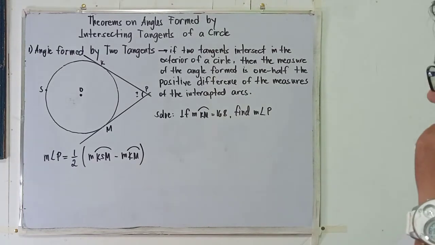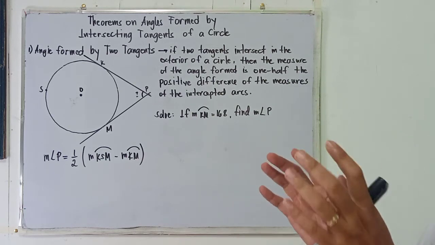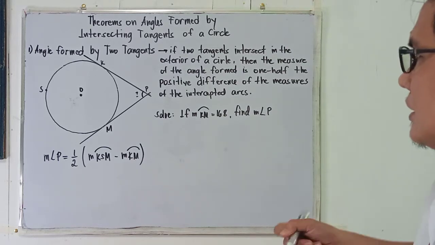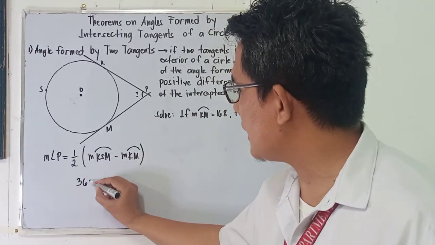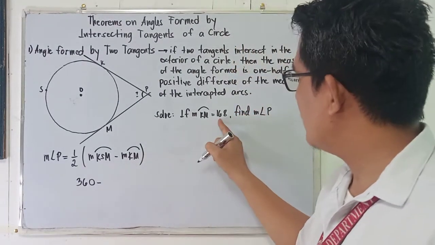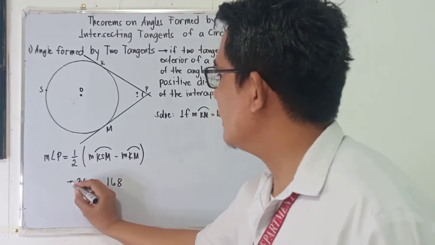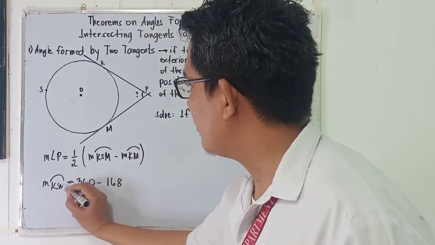Since a circle's degree measure is 360, we are going to subtract the given, which is 168, from 360. That would be the measure of arc KSM.